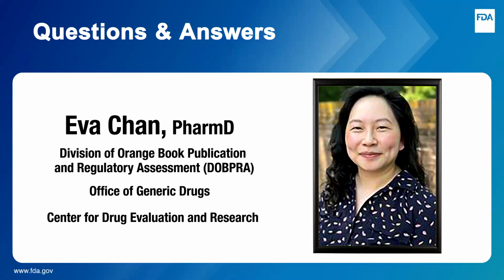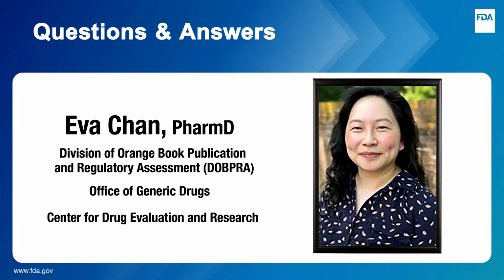I mean, if a product, I don't know, does that mean European products? If they were to submit an application, an NDA or ANDA, then if it's approved, it could get a TE code if there are other pharmaceutically equivalent products. Okay, thank you for that, Eva.